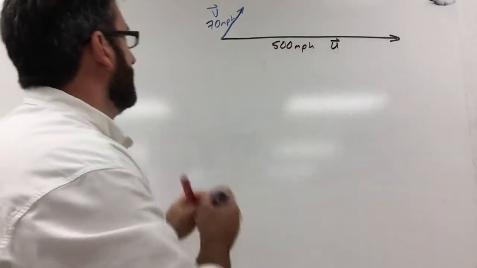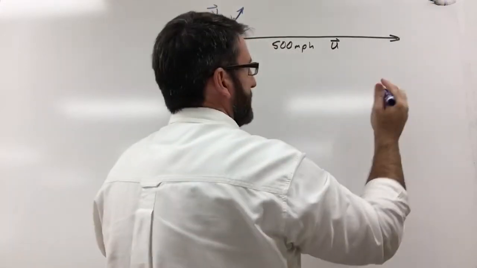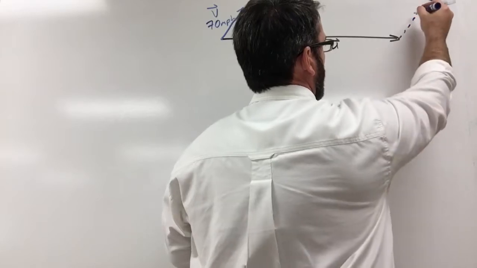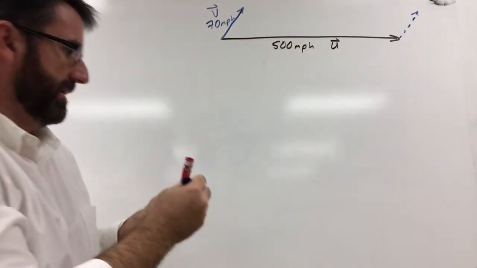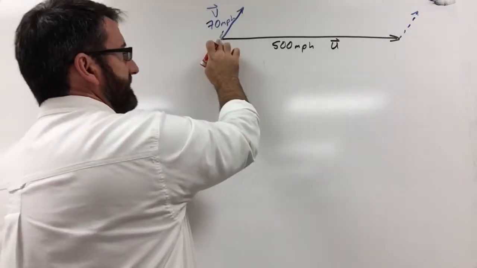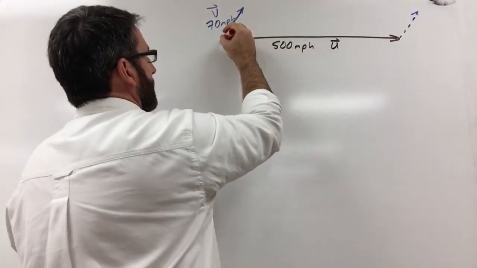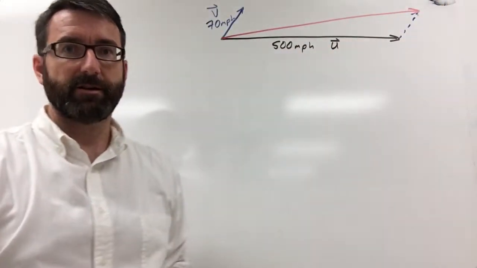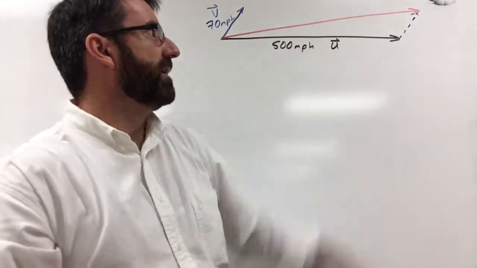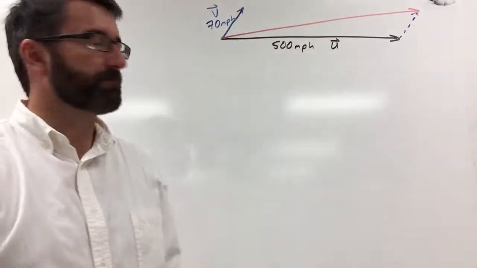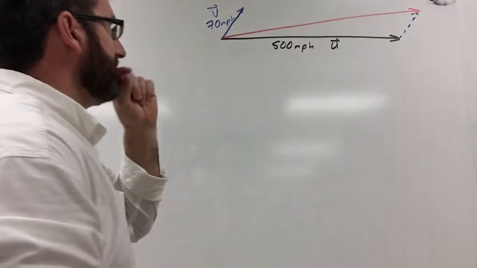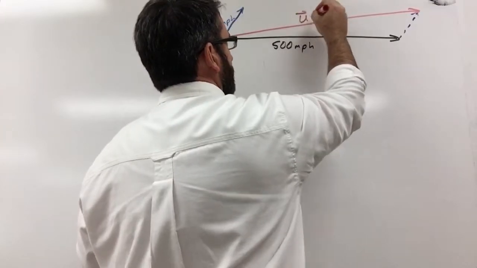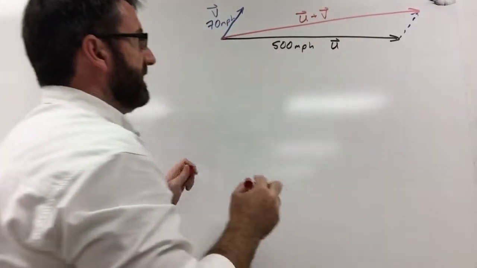So let's take this vector and place it here, and then connect the tail of this vector to the head of this vector. That's going to be our new vector, the new velocity vector for this plane that is being blown off course. This is just going to be vector u plus vector v.